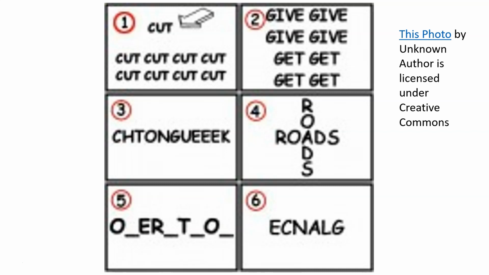In puzzle number 2, it's give, give, give, give, get, get, get, get. And again, we can look at the location of the words give over get, but in this case it is the number of times it shows up. So it's forgive and forget. That's the solution for that one.